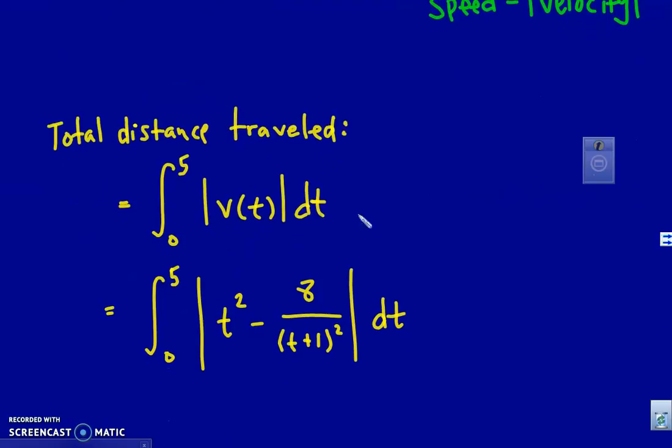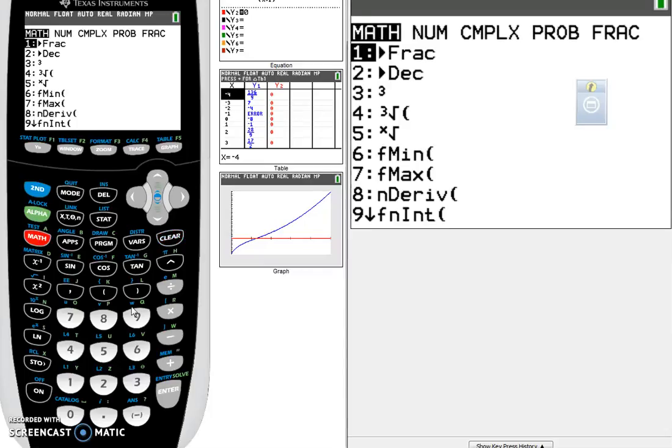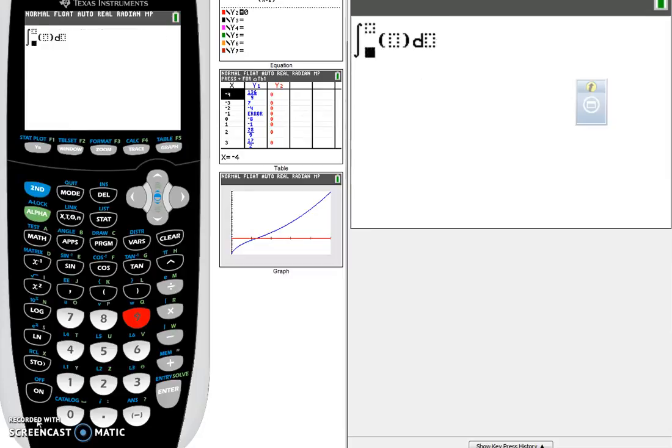This is why your textbook pretty much gives you this. The total distance traveled is this. So I'm going to use the graphing calculator to get this answer. So go to Math 9 to get to the integral. We're going to go from 0 to 5.